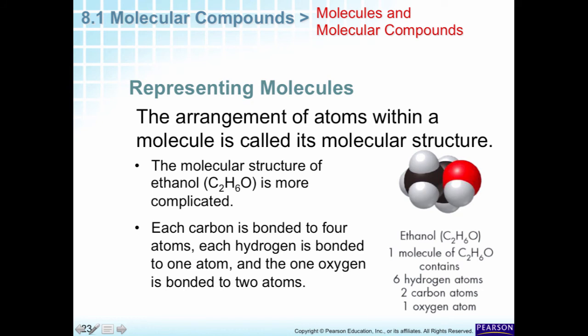Okay, and then we have more complex compounds. This one has carbon, which is the black, gray is the hydrogen, and red is the oxygen. This is ethanol, or alcohol, common grain alcohol. It's a little bit more complicated.